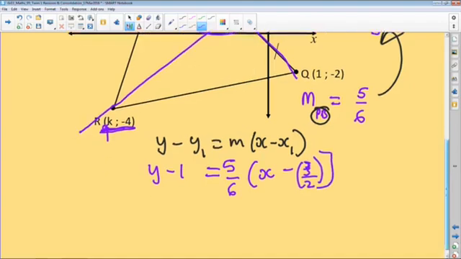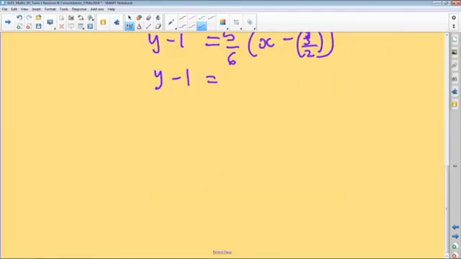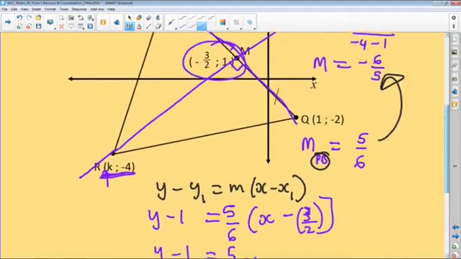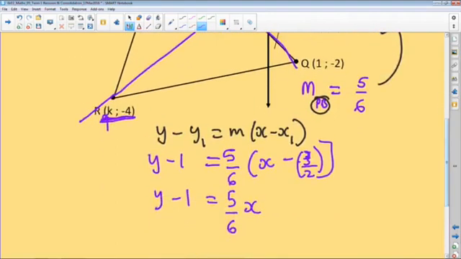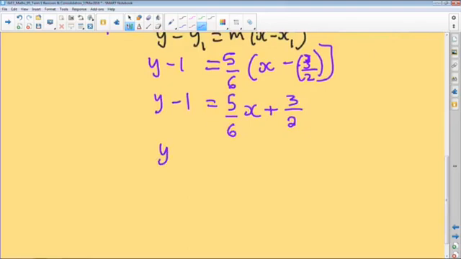Then you've got y minus 1 equals 5 over 6 x. Now watch, guys, you've got a minus minus, which is a plus 3 divided by 2.